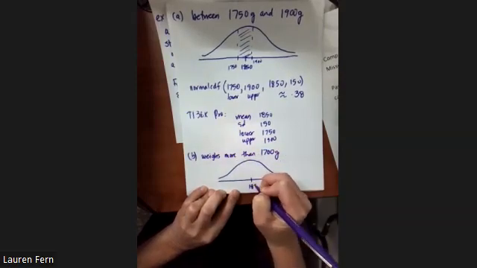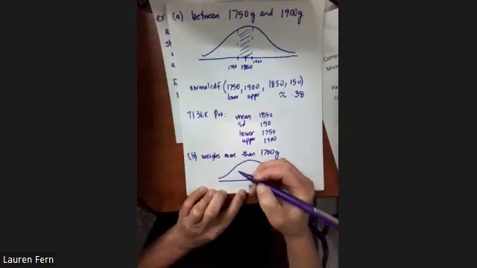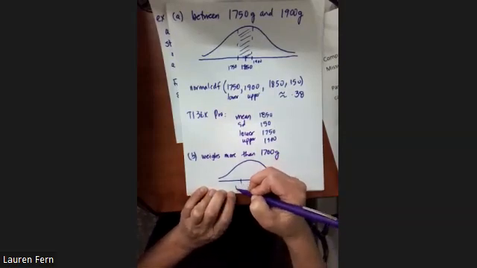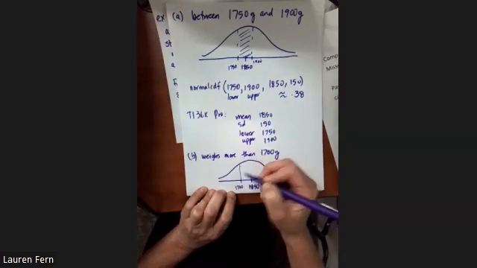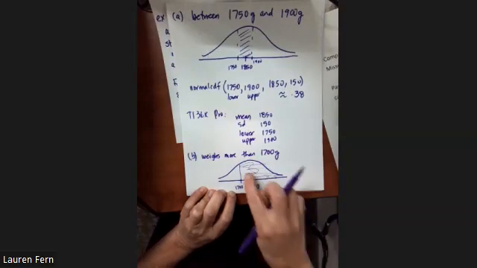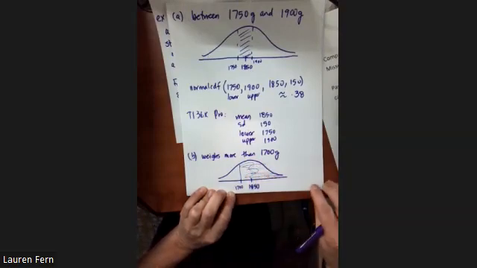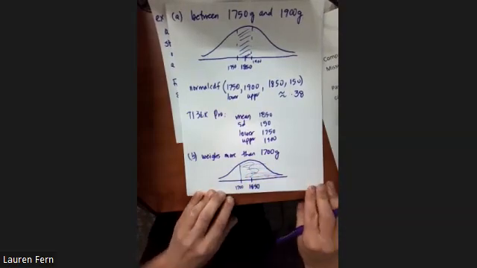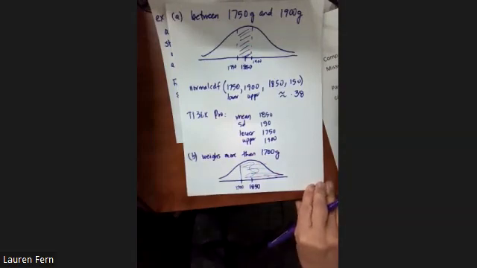Well, here's 1,850. That's our mean. And we want to be more than 1,700 grams. So isn't it this entire region right here?